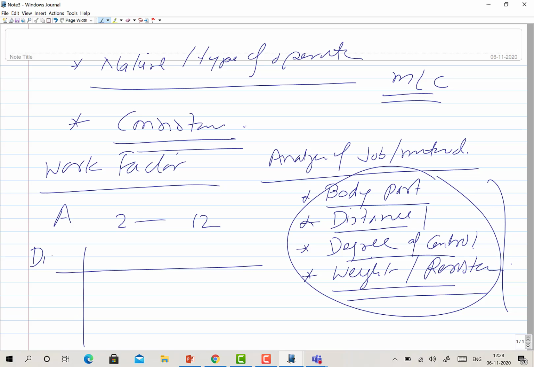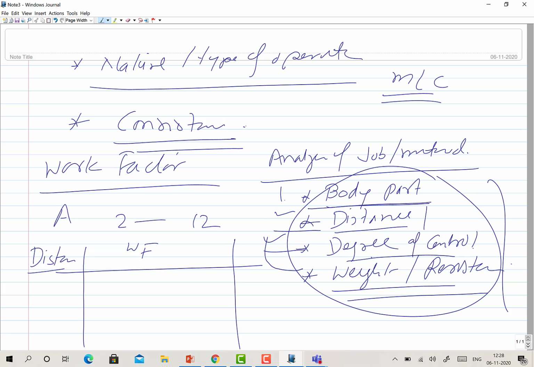So basically there is a distance, then work factors, WF. There are different factors: if just body movement is involved, it is considered one factor. If the body movement is involved with a certain distance movement, then there is a second factor. If degree of control is involved, a third factor.